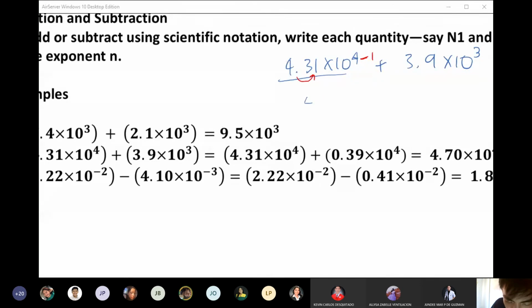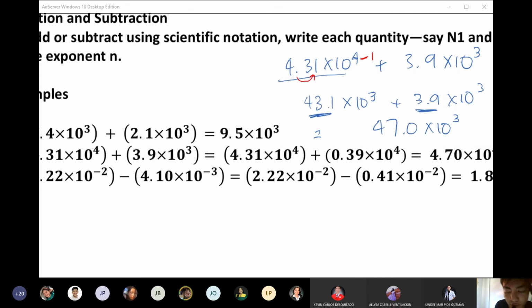I can rewrite that as 43.1 times 10 raised to 3 plus 3.9 times 10 raised to 3. So, for the answer, I'm going to copy the exponent only, and I'm going to add this integer part, the front number. So, 43.1 plus 3.9, kunwari inisip ko pa, 47 lang yan, 47.0.